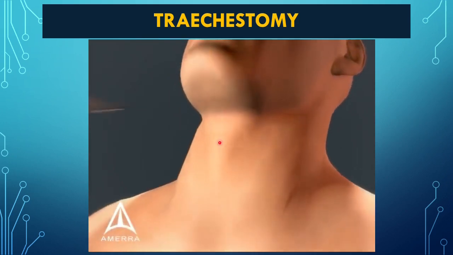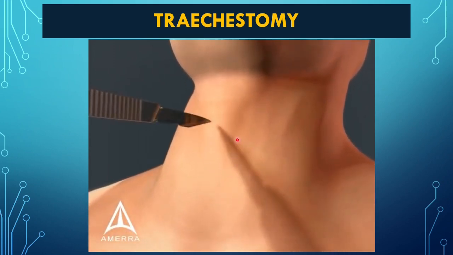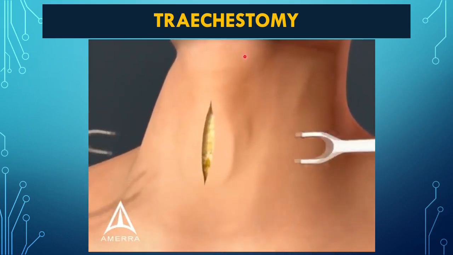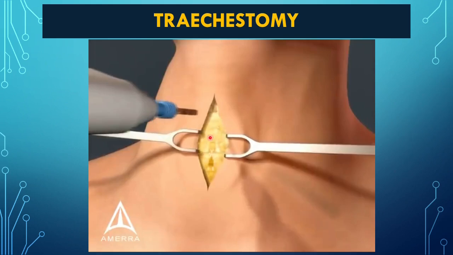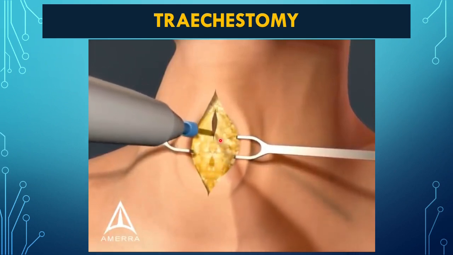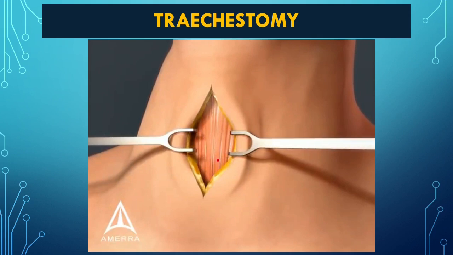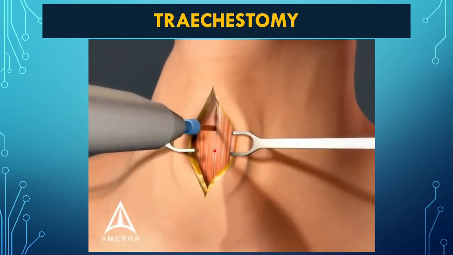Okay, so if we have a problem here, we have to reach the structure from above, so we make what's called a tracheostomy. We cut the skin vertically, come to the superficial fascia, then to the strap muscles, cutting them vertically.